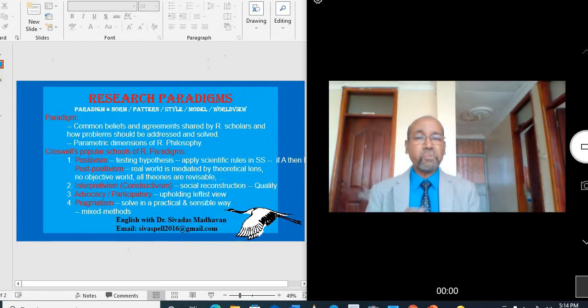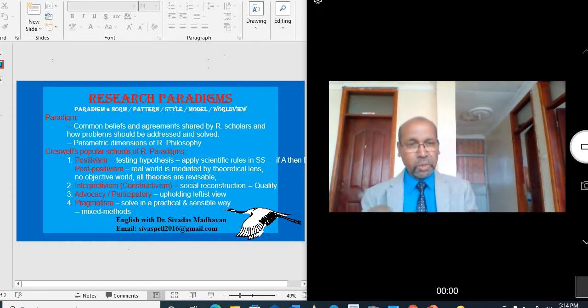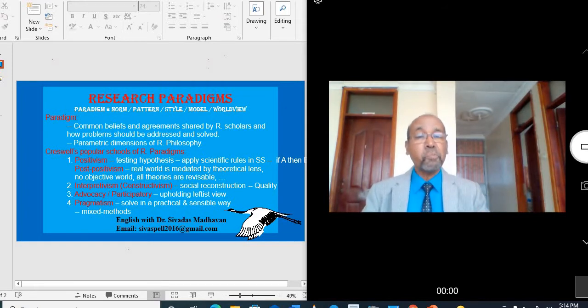So for the mixed method of research, pragmatism is used. And pragmatism is solving a problem practically and sensibly. You will become practical and you will be sensible in dealing with the problem. That is pragmatism. So these are the four research paradigms according to Creswell.